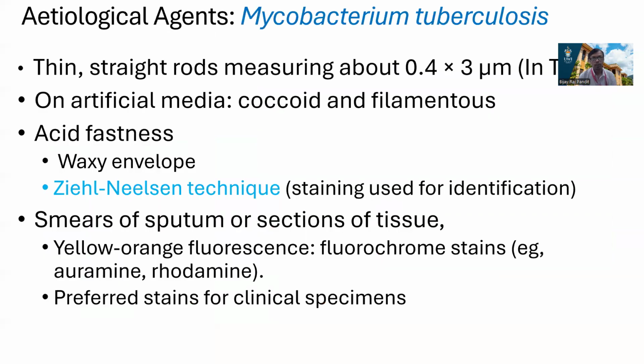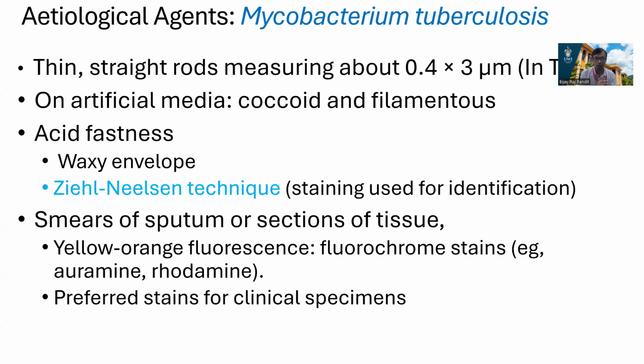So let us discuss the etiological agent, that is, Mycobacterium tuberculosis. Just before, we discussed the group, the mycobacteria. Now we are focusing on Mycobacterium tuberculosis that causes the disease known as tuberculosis. What kind of bacteria is this specifically?